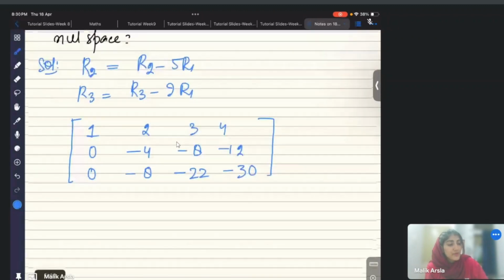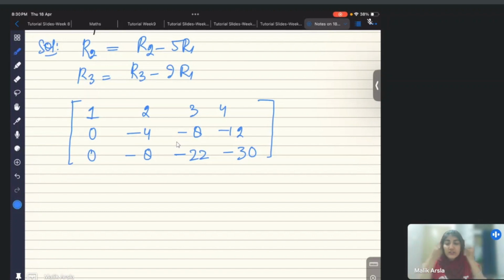So we move to the next column. Now we focus on this entry, the leading entry for the second row.